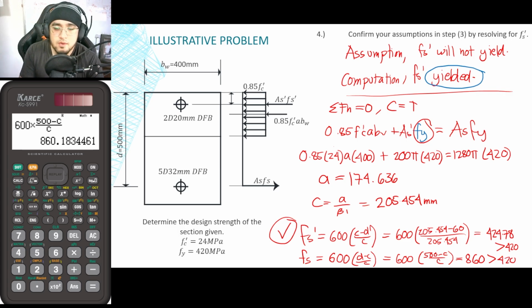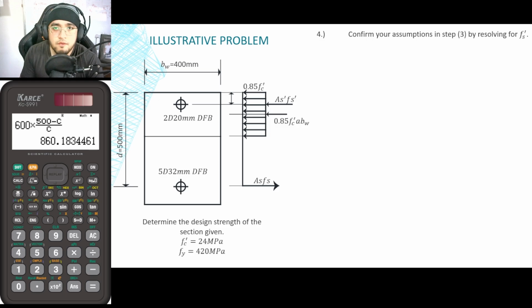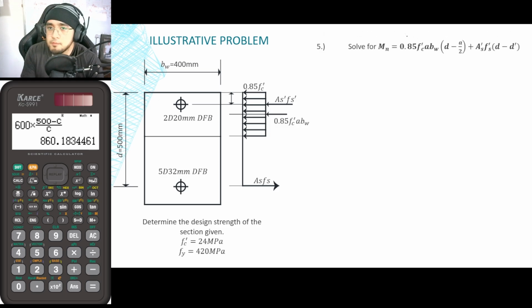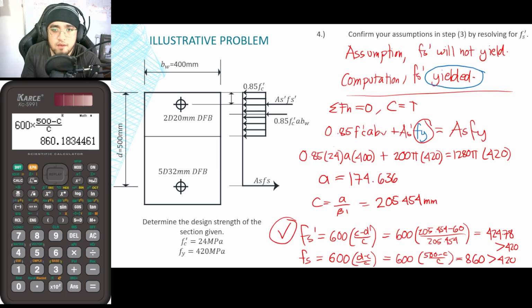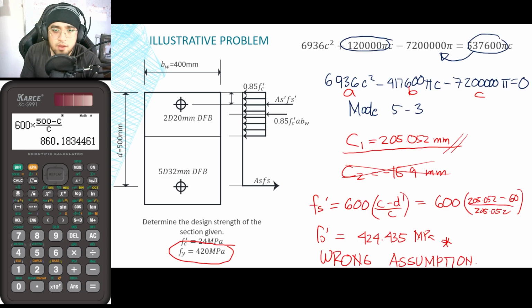Okay, so since we already know the value of our Fs prime, the value of a and whatnot, we can now solve for our nominal moment. Listing everything here, the correct value of a is now equal to 174.636. If you are wondering about this particular value of c, this is actually incorrect because my assumption earlier was incorrect.